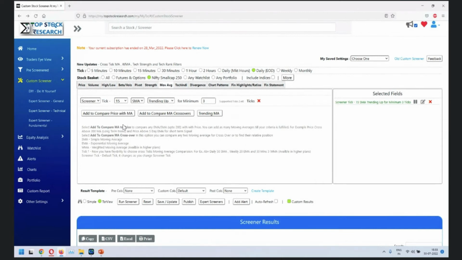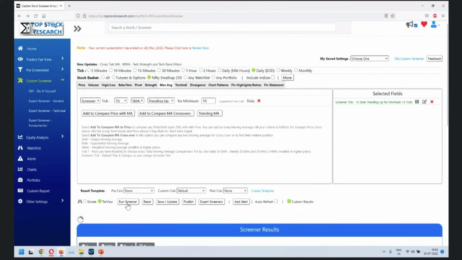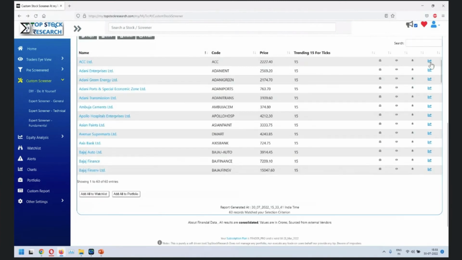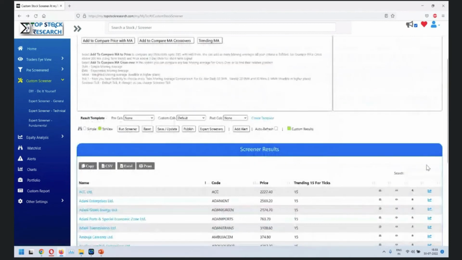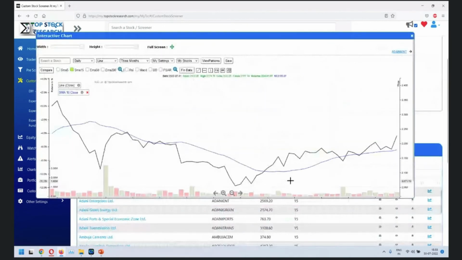Yeah, 15 and 50 for 50 days. So when you run the screener, you'll find that what we have selected is the 15 SMA trending for at least 15 days. That means the 15-day SMA is continuously going up for a minimum of 15 days.